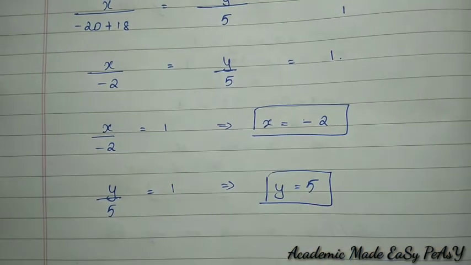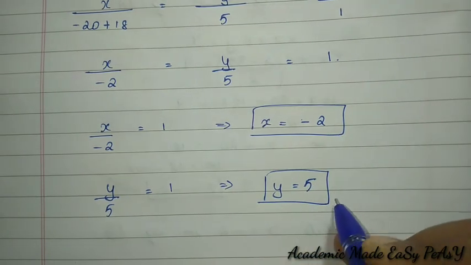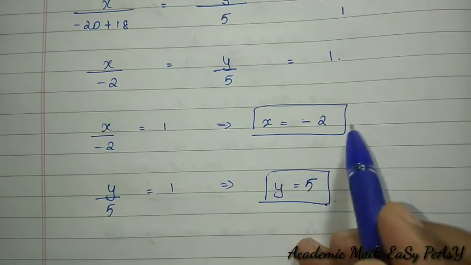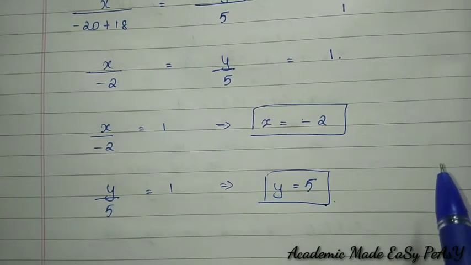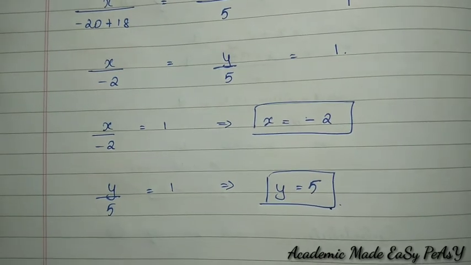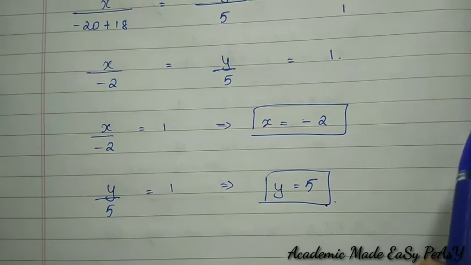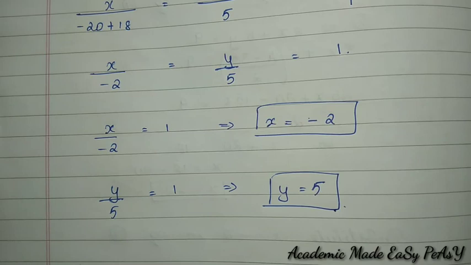So in the substitution method we got x is equal to minus 2 and y is equal to 5, as well as in the cross multiplication method, x is equal to minus 2, y is equal to 5. So however we do, we will get the same answer. Whichever method is easy for you, you can do. Unless it is mentioned, we can use whatever method we want. If it is mentioned, we have to do only the method which is mentioned.